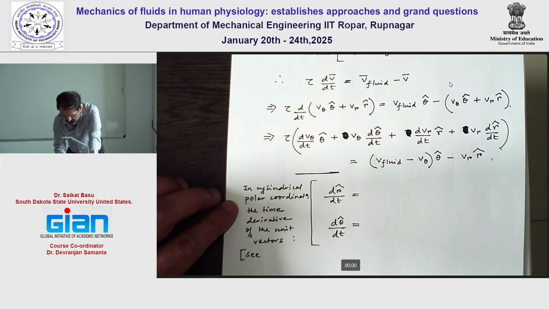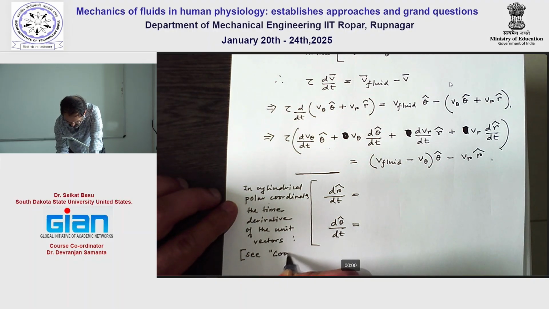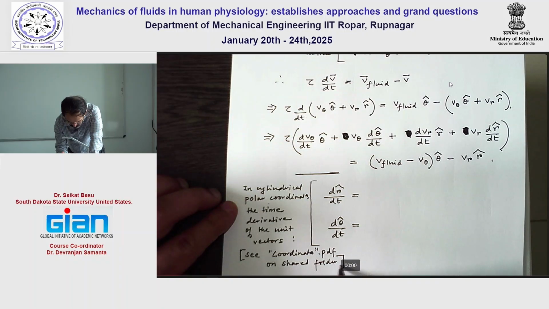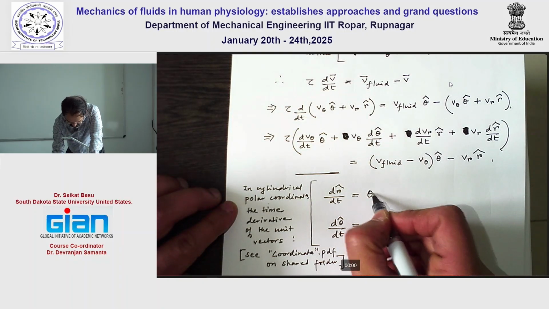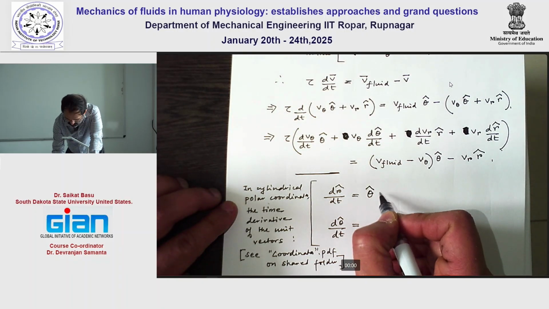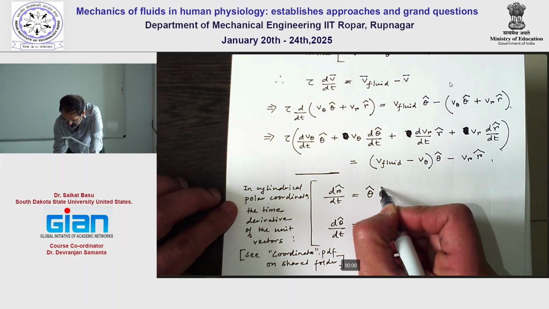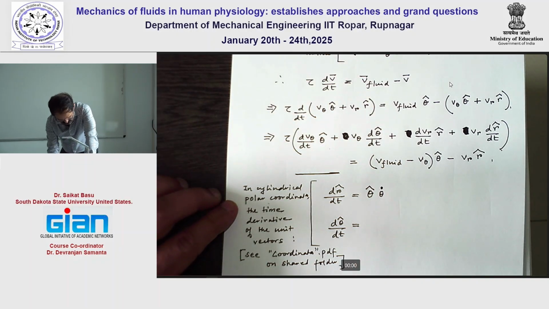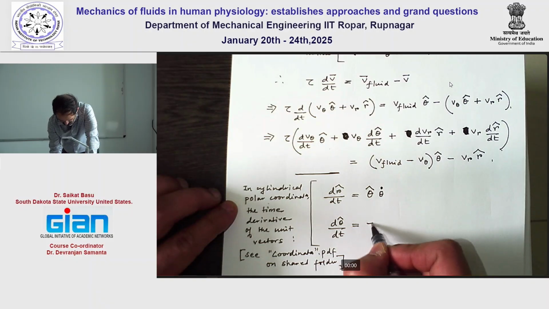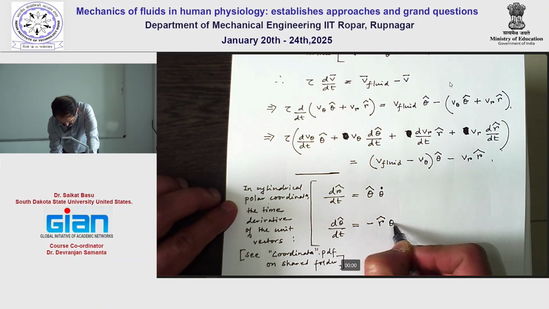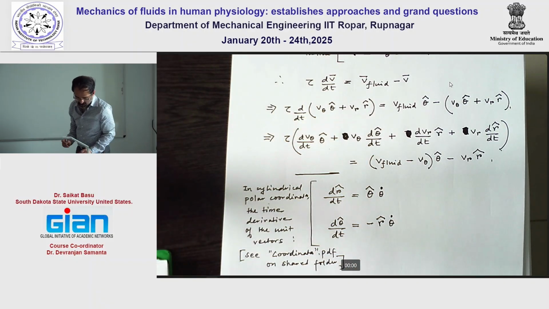It's called the coordinates PDF on the shared folder. So dr hat dt is theta hat theta dot, and d theta hat dt is minus r hat theta dot. So now it becomes easy.